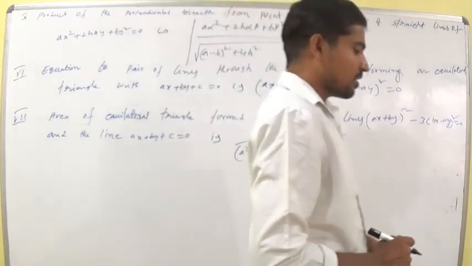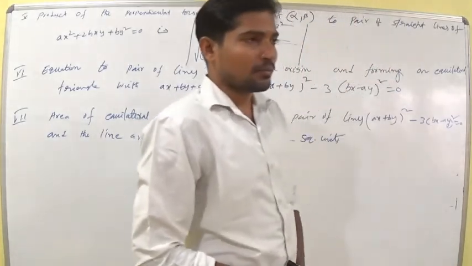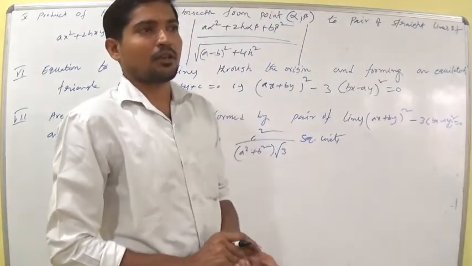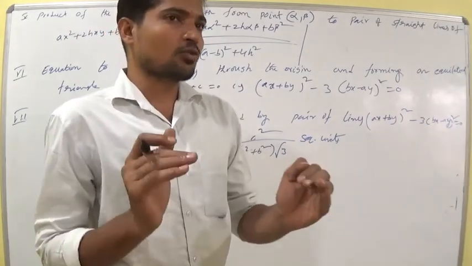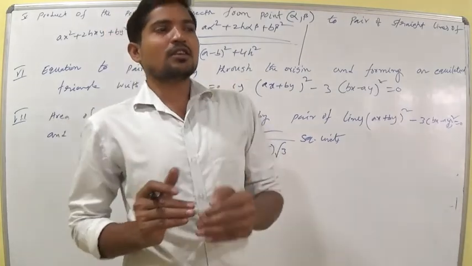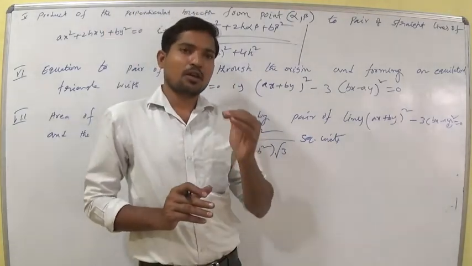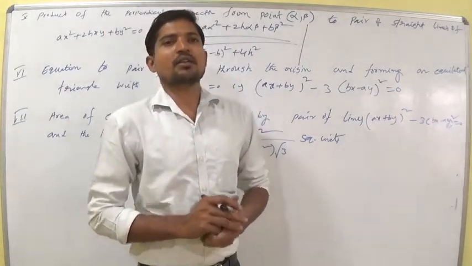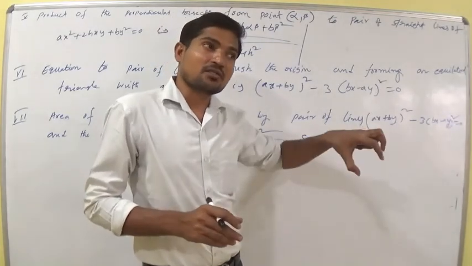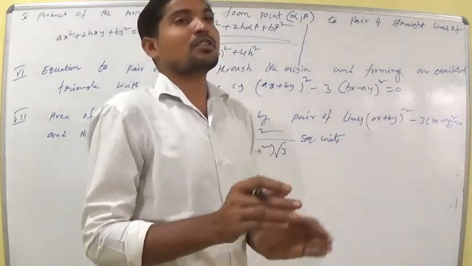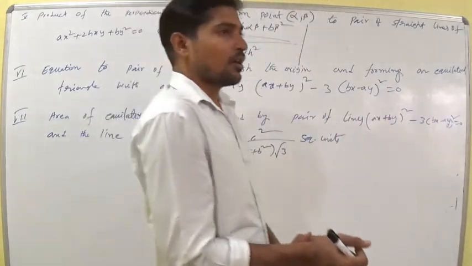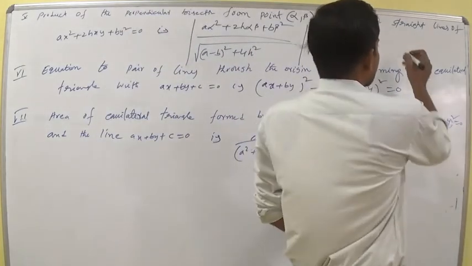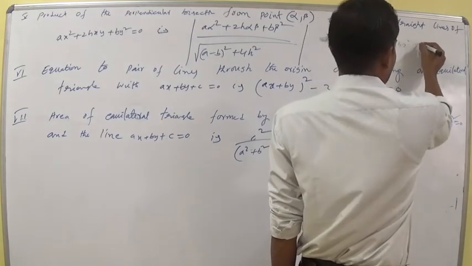And the second one: S equal to ax square plus 2hxy plus by square plus 2gx plus 2fy plus c equal to 0 represents a pair of parallel lines when h square is equal to ab and bg square is equal to af square.